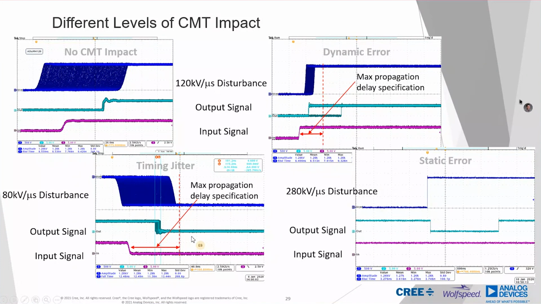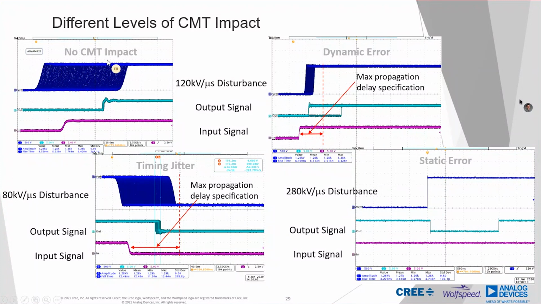You can also have timing jitter, where you have the transient, the output signal disturbance is still within the specifications for the data sheet, but you have this variation. And so you have to accommodate that when you're looking at the dead time. And then, ideally what you want to have is no impact.